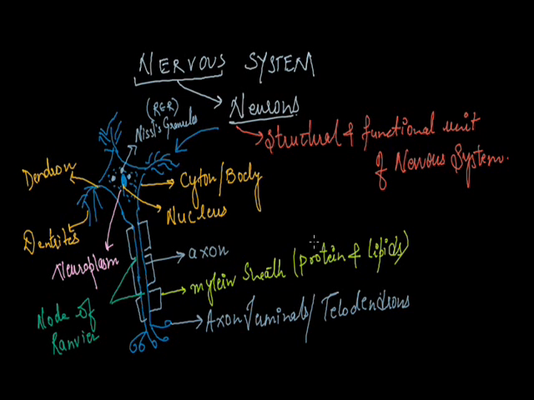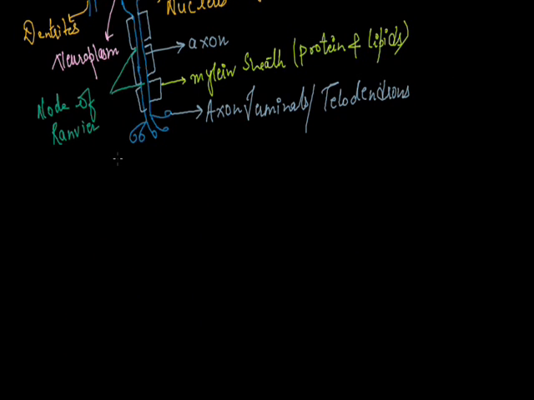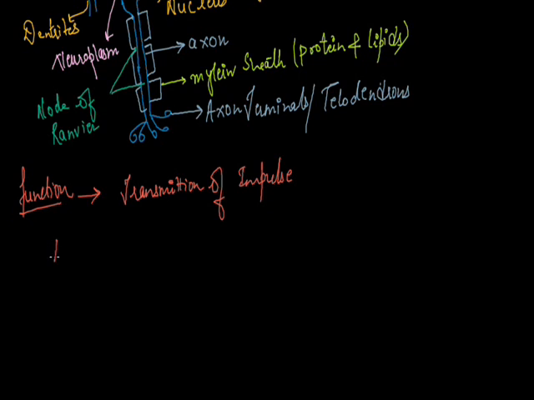Now, next we'll discuss what is the function of the neuron. So the main function of neuron is transmission of impulse, and this neuron is the longest cell of the body.